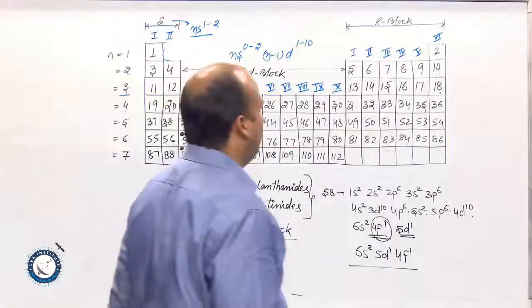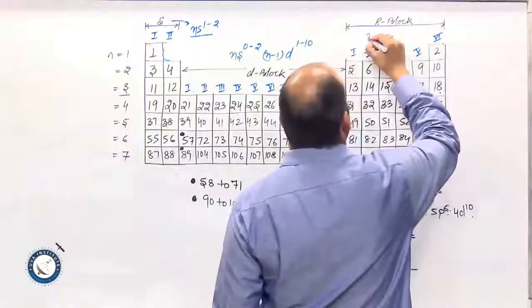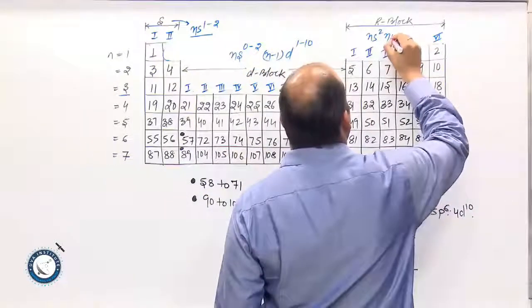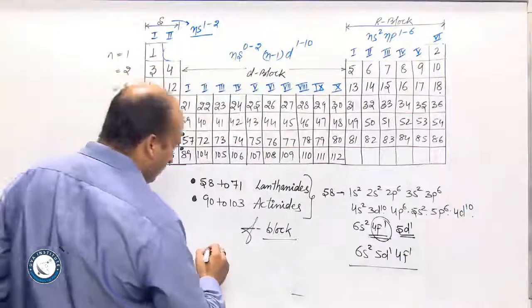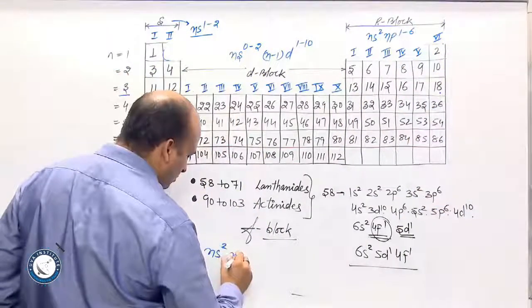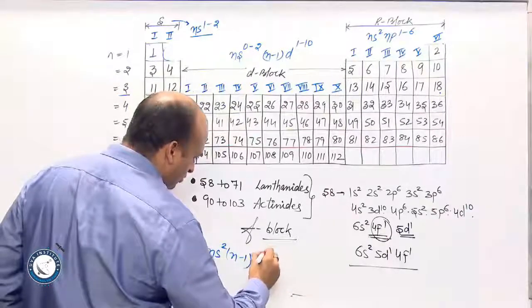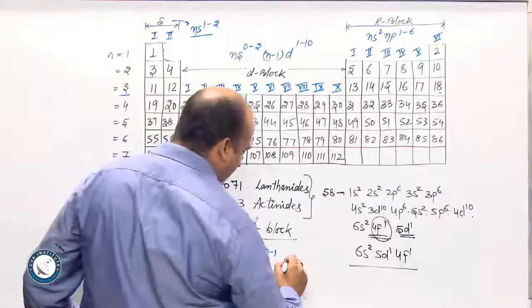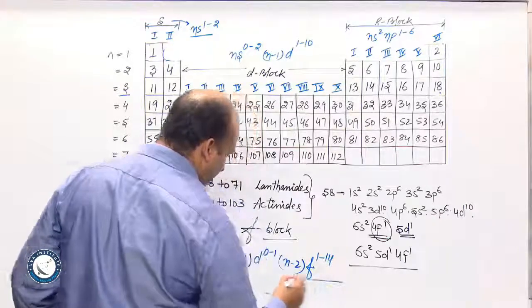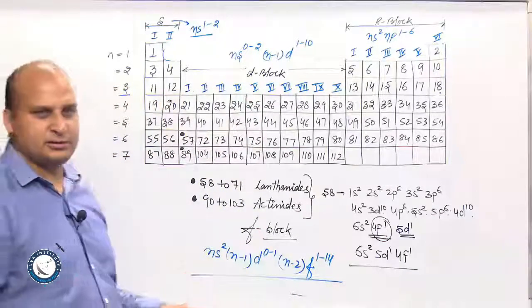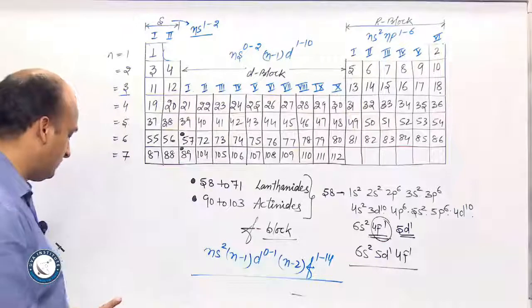For P block it will be ns2, np1 to 6. For F block, ns2, (n-1)d0 to 1, (n-2)f1 to 14. Okay, I will share all the exceptions with you guys.